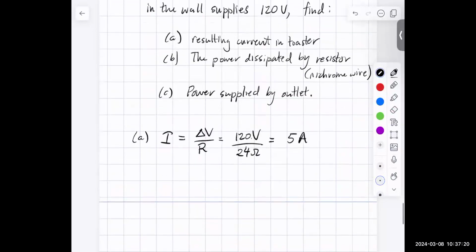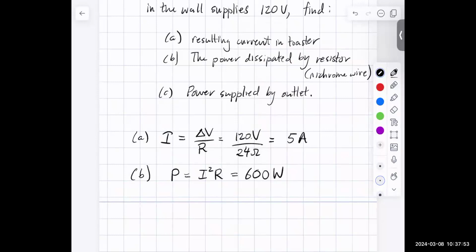Okay, so B, the power dissipated by the resistor. Well, we have a bunch of ways of calculating that. We could do I squared R. I squared is 25, times R is 24, so that is going to be 600 watts.